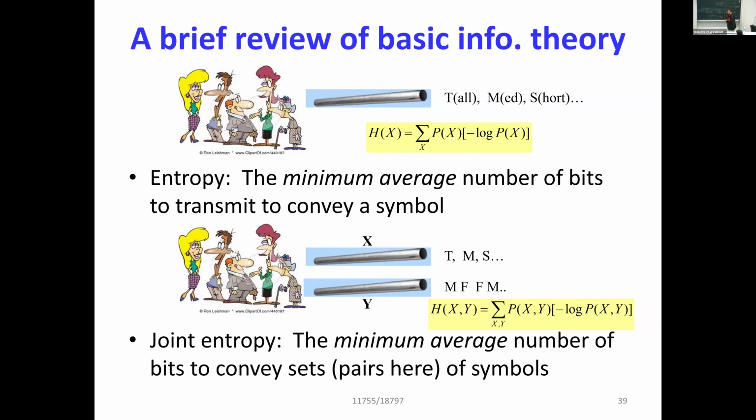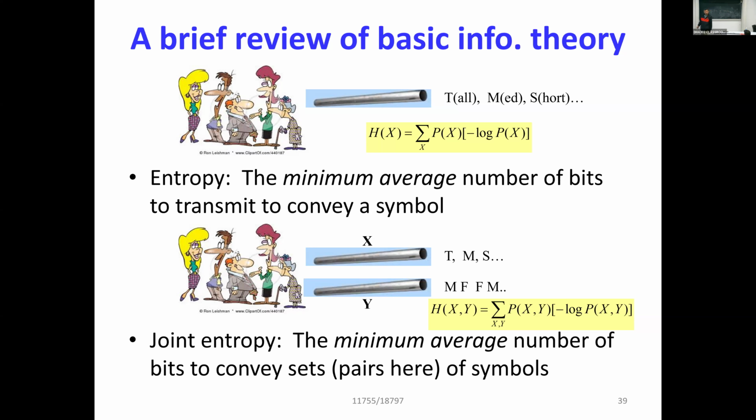And so if I write the formula out, tell me if I begin to lose you. None of this is particularly complicated, once you begin thinking about tubes and tall people and short people and men and women. So that's going to be summation over gender, probability of gender, times summation over height, probability of height given gender, log of 1 over probability of height given gender.